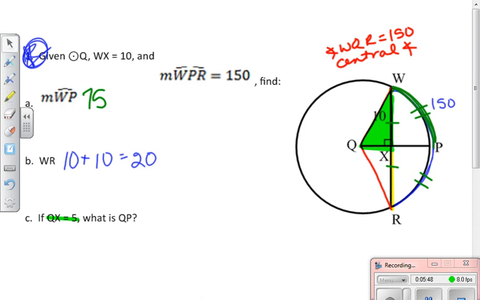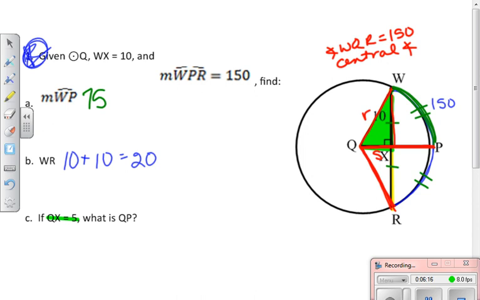Now, you might be thinking you don't have enough information because it doesn't appear that you know QW. But you do know QW because you can find it, rather, it's a radius, the same as QP, the same as QR.